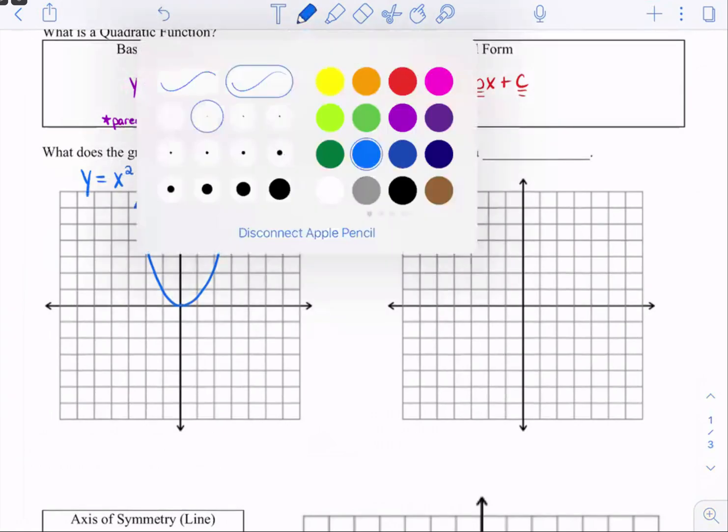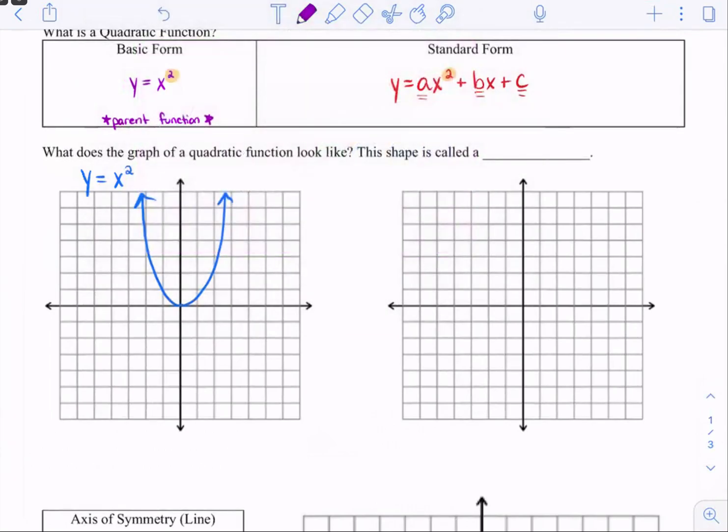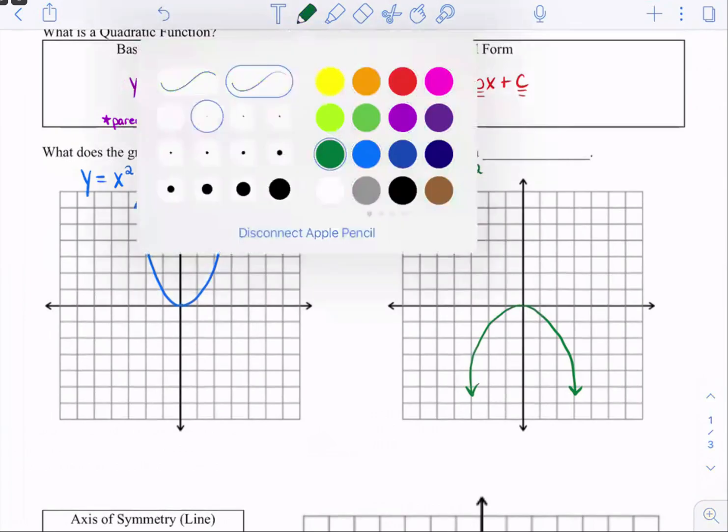If you do y equals negative x squared, it would look like that. But both of them are quadratic functions. The only difference is because it's positive.